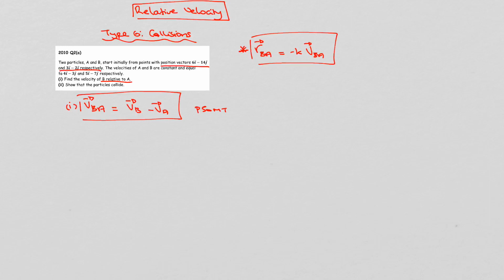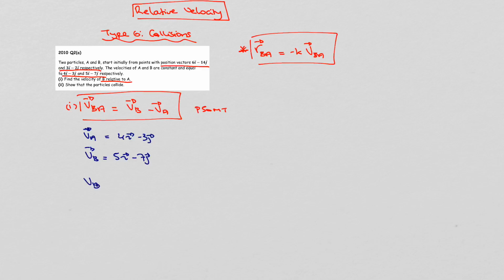Okay, so our position vectors are r, and then we have our velocity vectors. So we're looking for the velocity of B relative to A, so we have to make sure we're using the correct vectors there. So the velocity of A is given by 4i minus 3j, and the velocity of B is 5i minus 7j, and we weren't given any units in that case, okay?